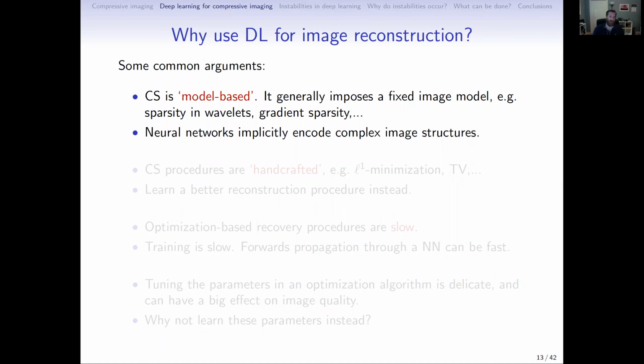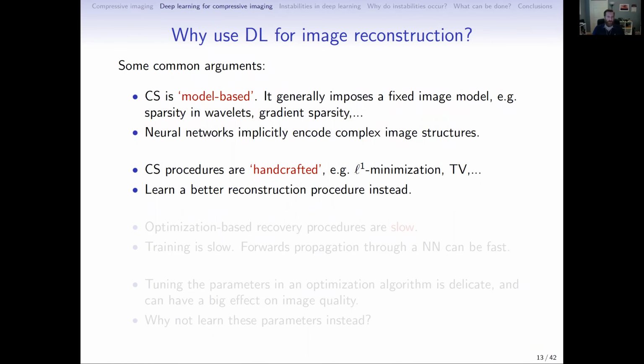So there's this sense that, rather than choosing a fixed model, which might not be optimal for a particular imaging modality, why not train neural networks to implicitly find some more complex image structure.